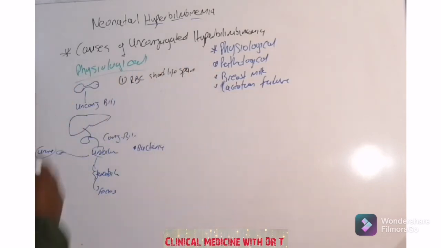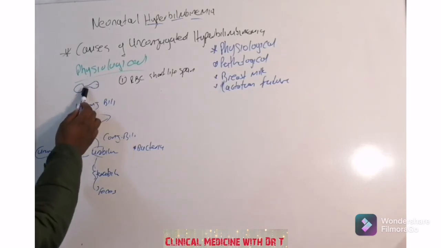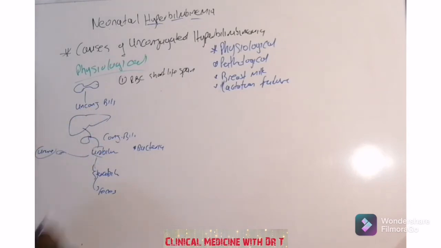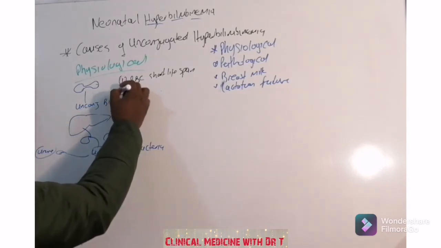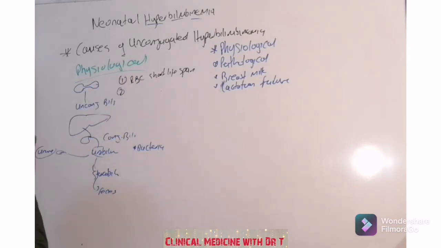So there's a lot of hemolysis taking place because of that short lifespan. And once the red cell has been broken down and bilirubin has been produced, the neonate's liver cells still struggle because they are still immature.